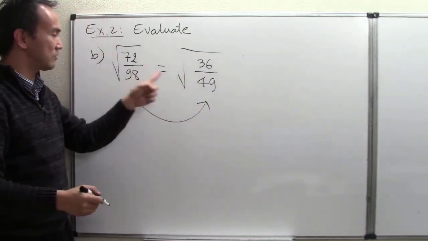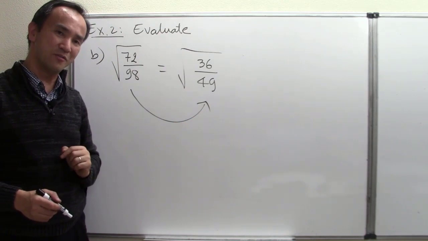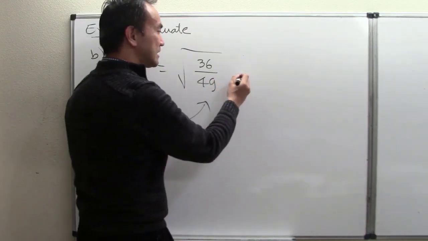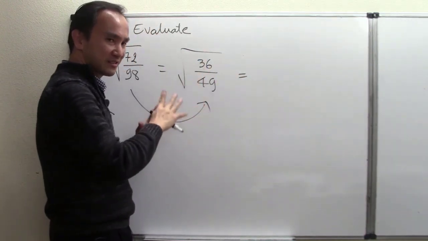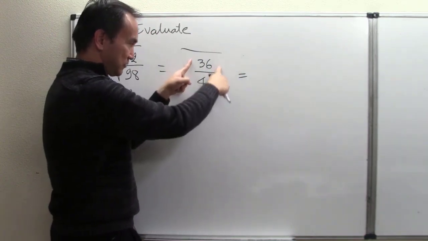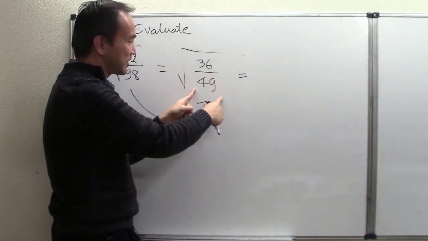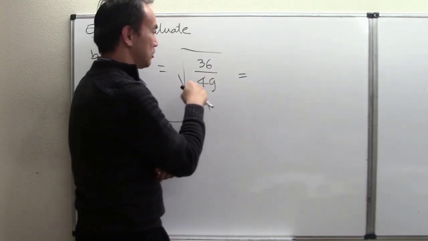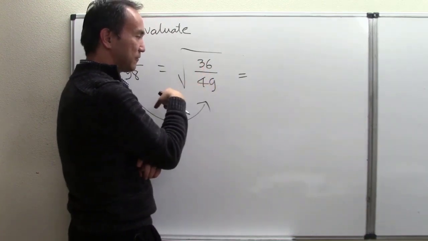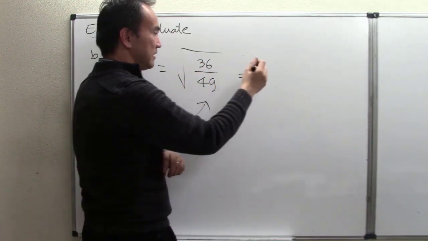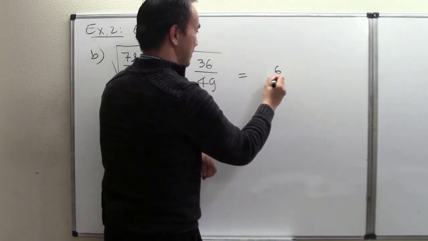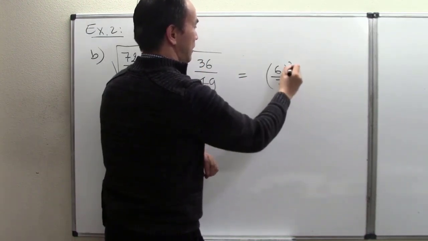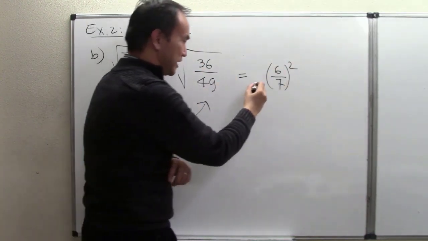I wrote that, and then after that I wrote down the square root. In my next step, things come back just like that fundamental we've learned. We have to be able to express this as a perfect square. So 36 over 49 as a perfect square is 6 over 7 all squared. And now we take the square root.